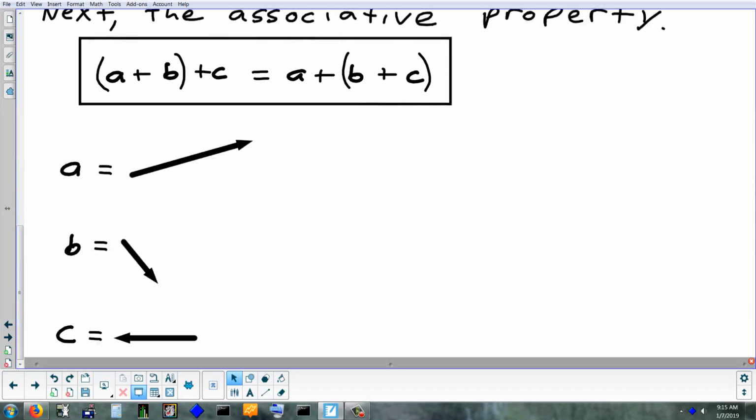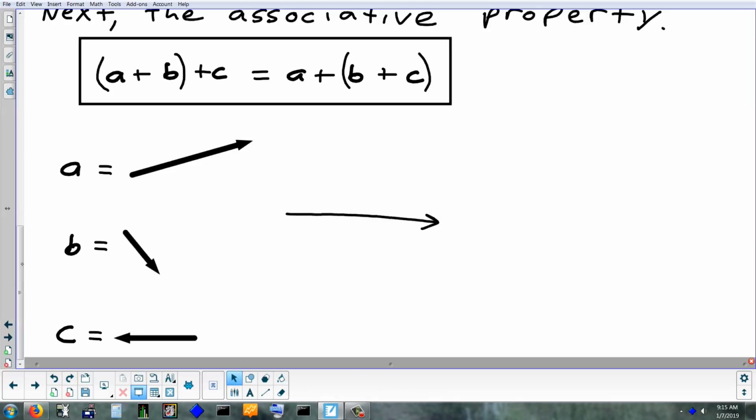All right, so let me do what's on the left. Let me do A plus B, and then I'll add C onto the end of it. Okay, so just try to remember which one is which. C is the one that points left, B points down, and A points up and to the right. All right. So there's A and B. Put that there, and I'm just going to put that back.